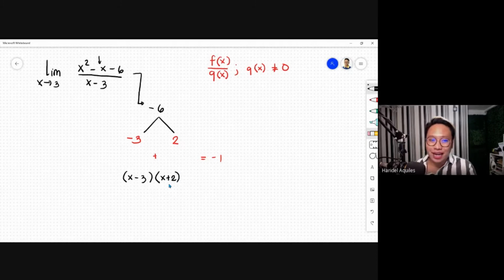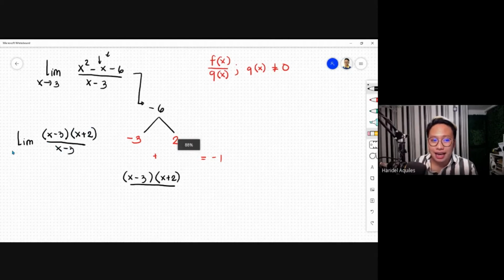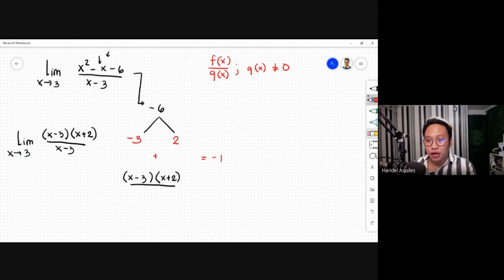Okay? Now, we would be able to rewrite the limit of the function, guys, but this time, we're going to be using this form here instead of writing this one. We have x minus 3 times x plus 2 over x minus 3 as x approaches 3. In this form, we can cancel the similar term, which is x minus 3 that is found in the numerator and denominator.